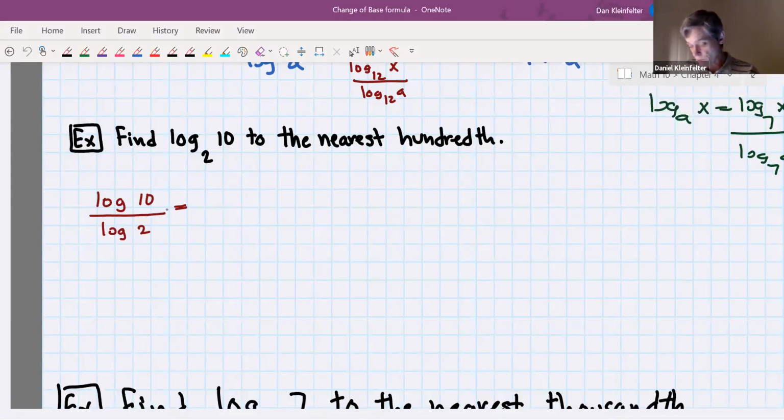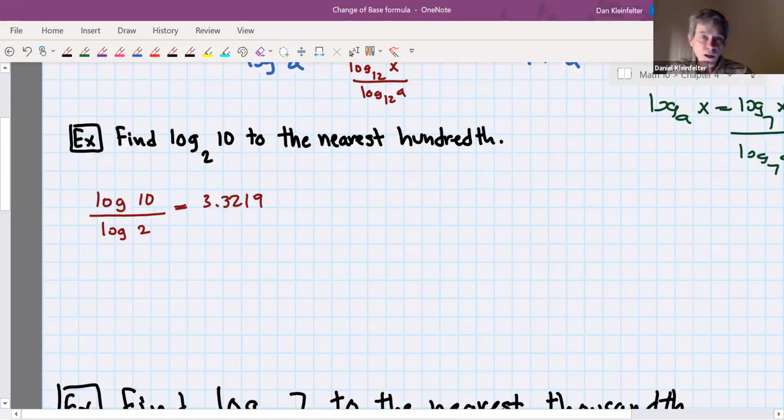Log 10 divided by log 2. Okay, 3.3219. Okay, so again, what did we just find out? Well, raise 2 to the power of 3.3219, and let's see what we get. 2 raised to the power of 3.3219.